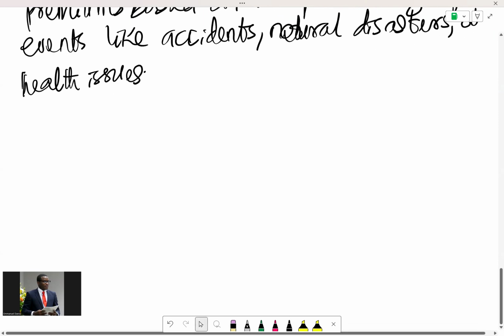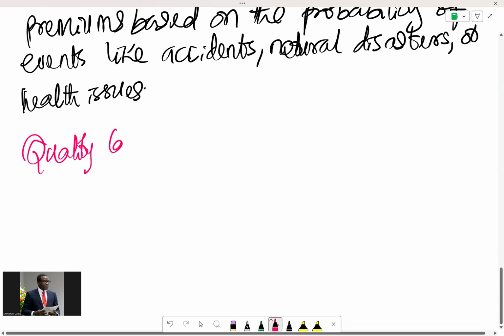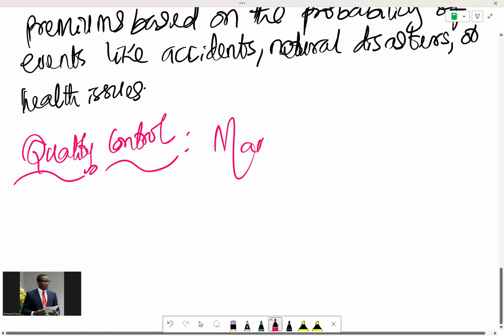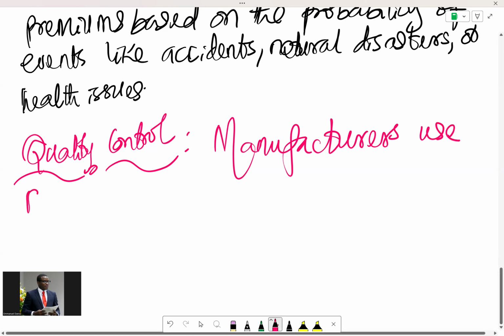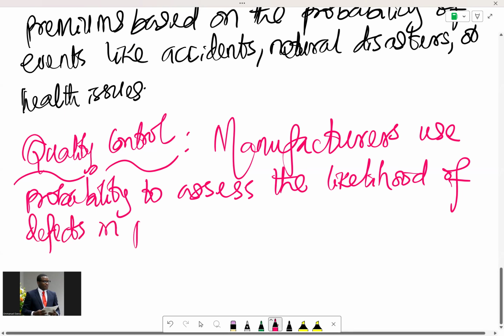All right, so I'd also like to talk about quality control. Manufacturers use probability to assess the likelihood of defects in products and improve quality.